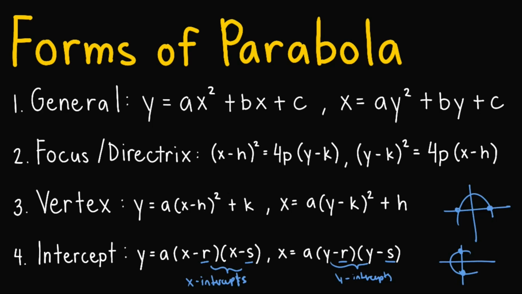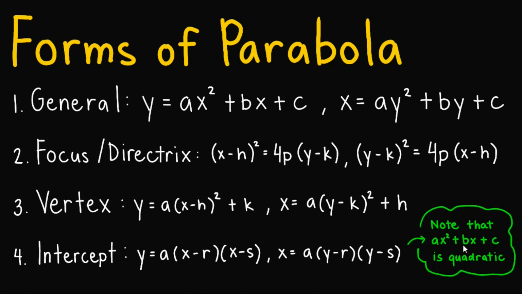Well, just take note that ax squared plus bx plus c is quadratic. So these two are quadratic. And we know that when we have quadratic equations, we can factor them into two linear factors, precisely these two.